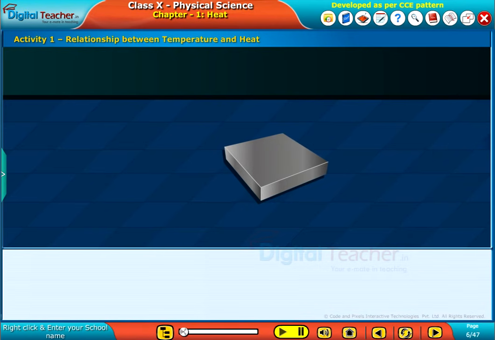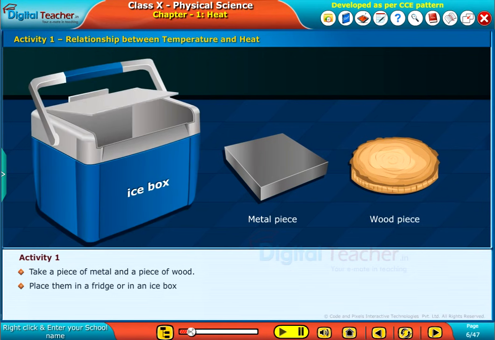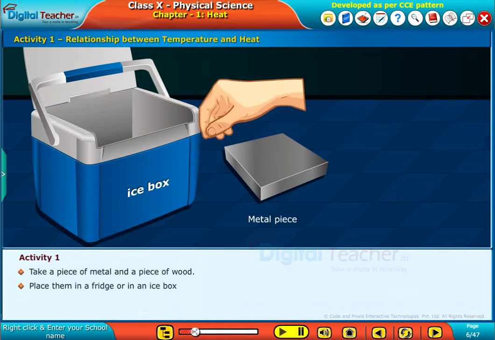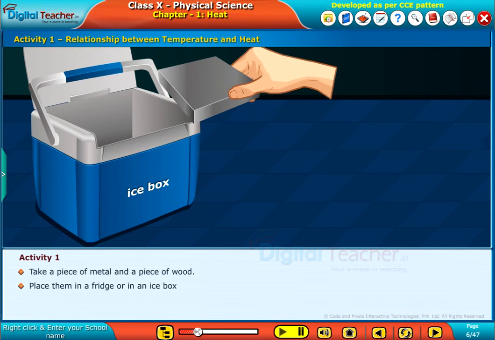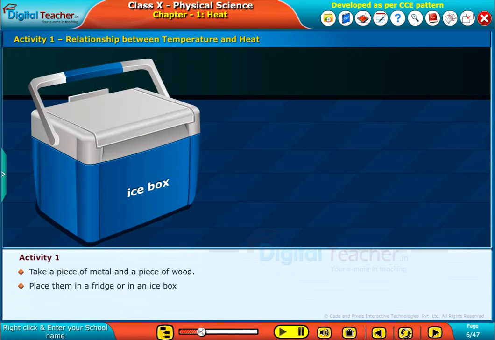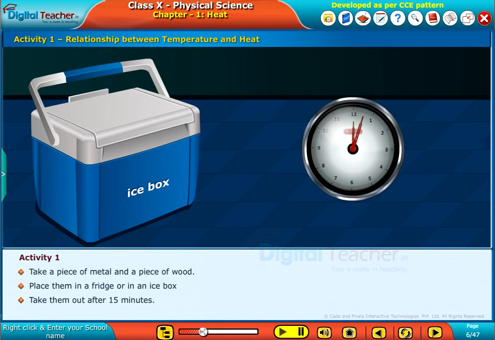Let us perform an activity for the relationship between temperature and heat. Take a piece of metal and a piece of wood. Place them in a fridge or in an ice box. Take them out after 15 minutes.